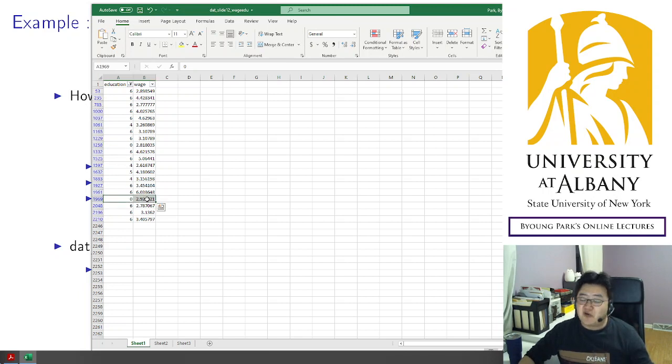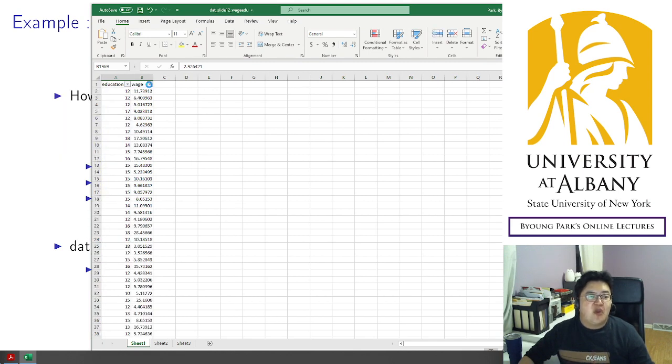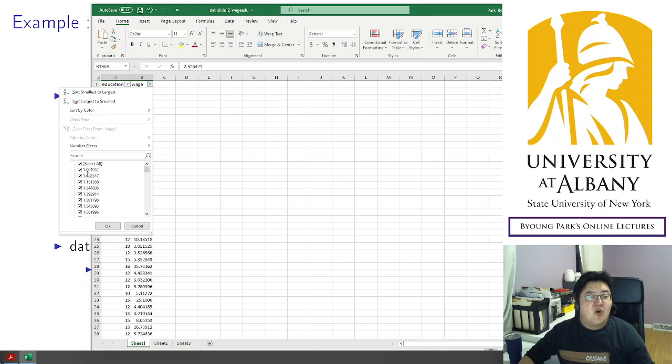Could be an error, like 10 was mistyped as 0. Well, I don't know, but I have to take it as given, right? And wage ranges from about $1 up to $40. Someone is making $40 an hour, while another person makes only $1 an hour.